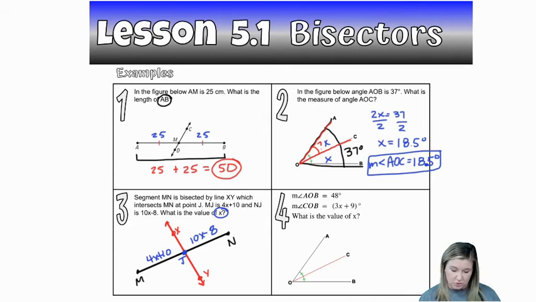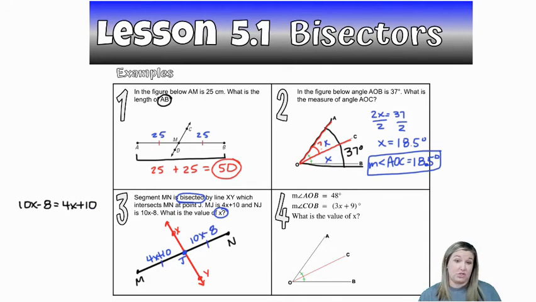Well, I know that this part is equal to this part because it used the word bisected, which means cuts exactly in half, two equal parts. So I'm going to have 10x minus 8 has to be equal to 4x plus 10.